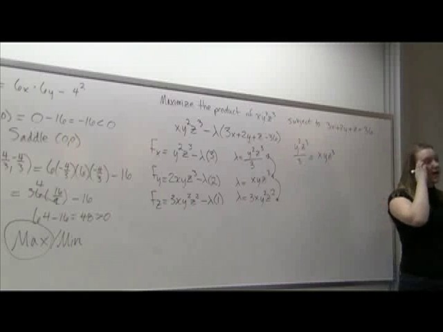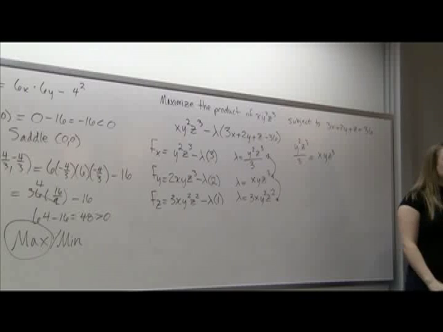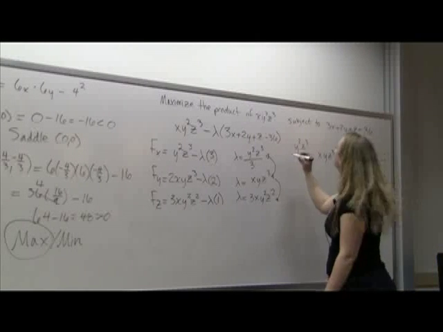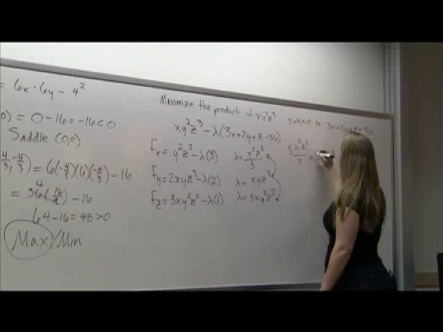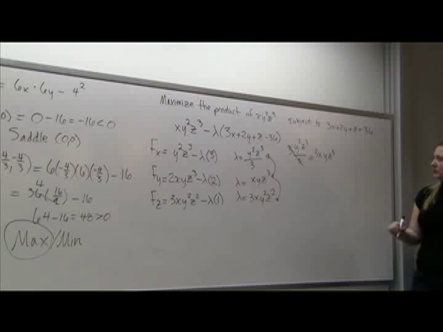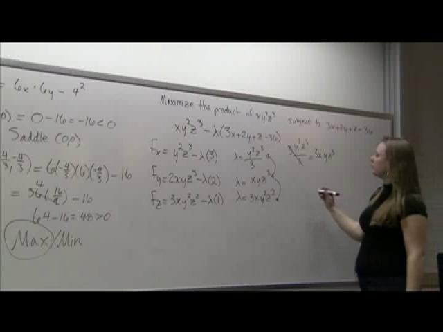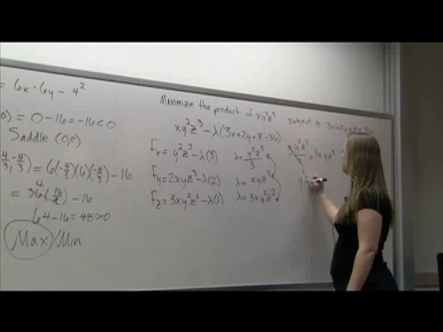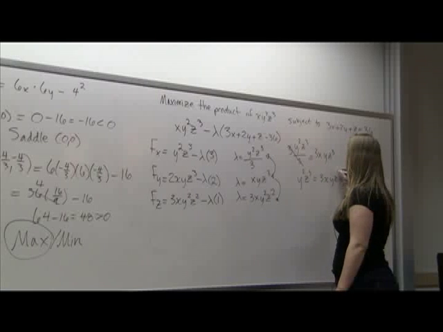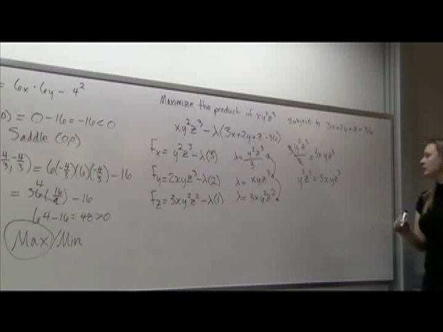First thing I do, I don't like fractions, so I'm going to multiply both sides by whatever the bottom of the fraction is. Next, I'm going to rewrite it one more time so that I don't have a big mess and confuse myself or you.